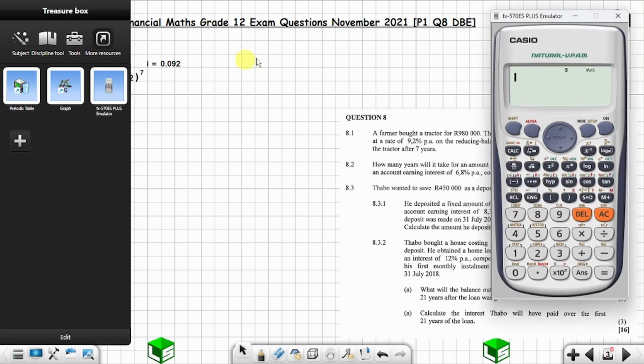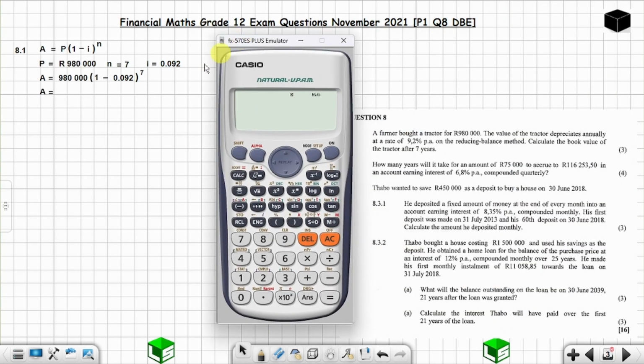Let me use my emulator. So I have this. This is equal to 498,685.82.